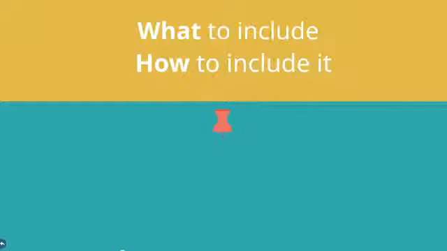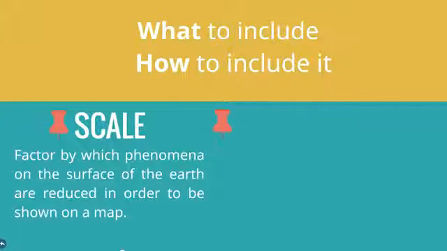Now, the inclusion and exclusion of various features, for example, rivers, cities, or people, is often a function of scale. Scale generally refers to the factor by which we have to reduce the surface of the Earth in order to represent it on a map, and this is sometimes expressed as text on a map.